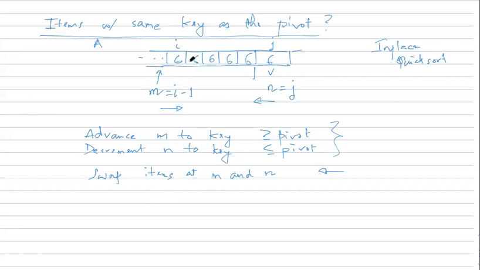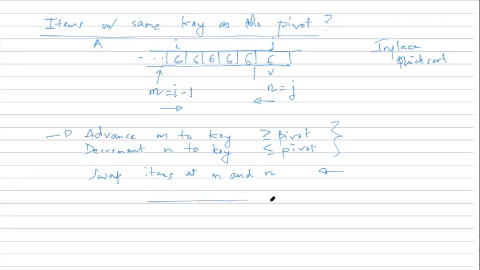Okay, so let's see this in action, then you would be able to appreciate. Suppose I did not decide to go ahead and swap even the entries which are equal, right? Then what's going to happen is that I'm going to keep on advancing M until I reach the end point, or I find something which is greater than the pivot, right? Because that's the first step.